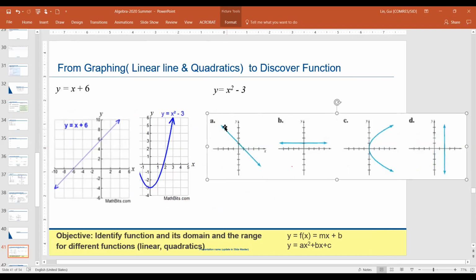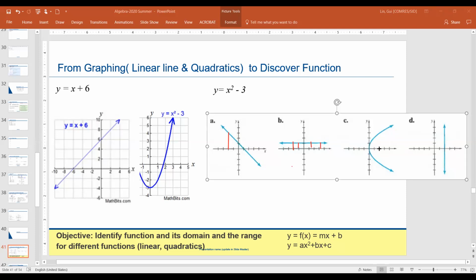If you input one x, it generates only one y, right? So each one has only one y. The same here. You put in one x, it generates one y. Okay, so this is called a function.